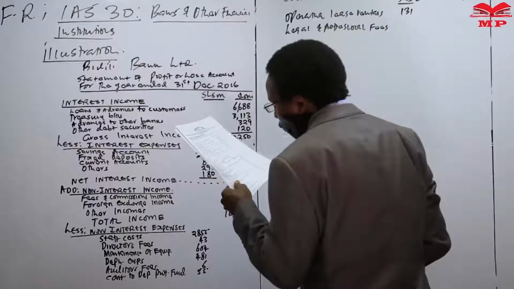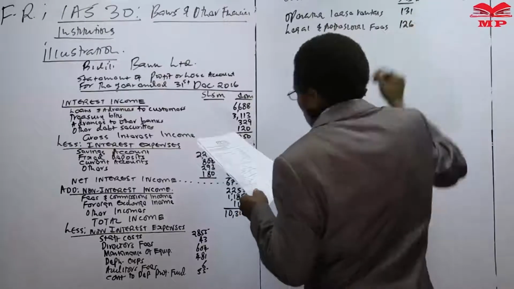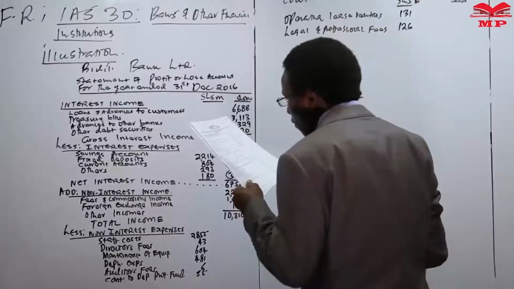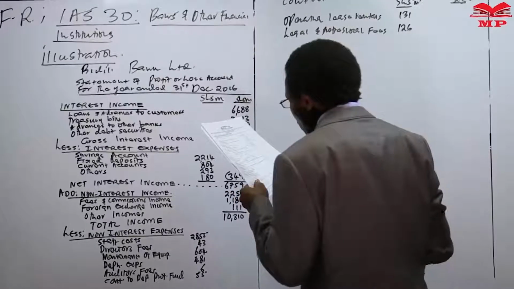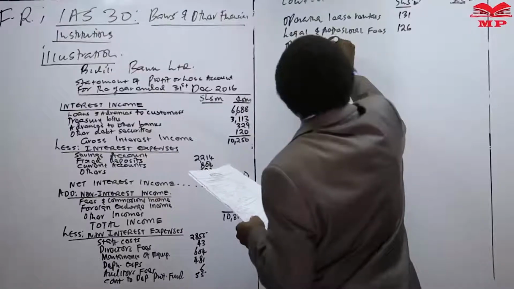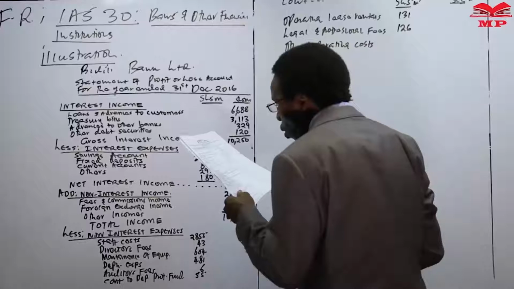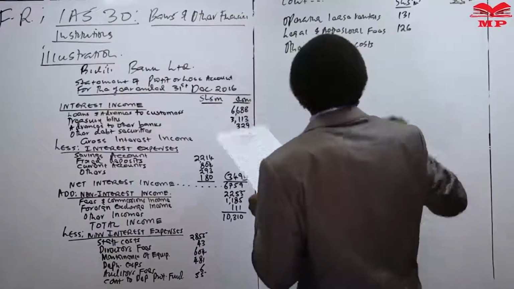Legal and professional fees is something to do with 126. Apart from that, we have other operating costs. Other operating costs, we have 1509.